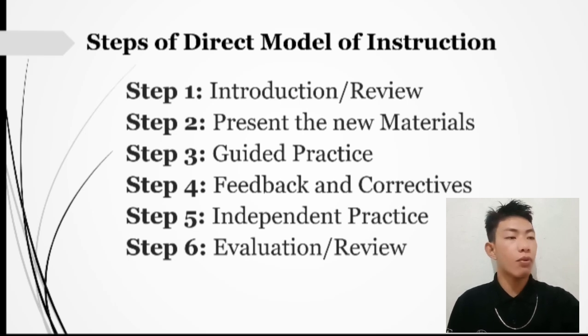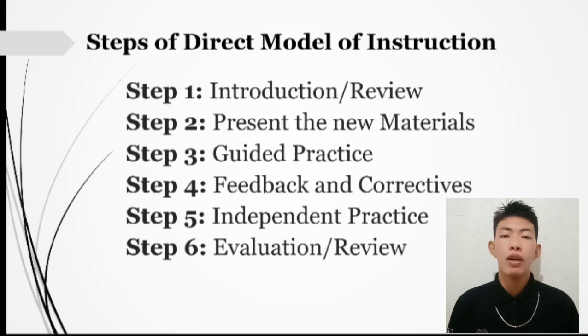Step 6 is about evaluation and review. In this phase, as a teacher, it is important to check whether the students know everything before moving on to a new discussion and concept, new topics. It will also inform you as a teacher if you have delivered effective materials.